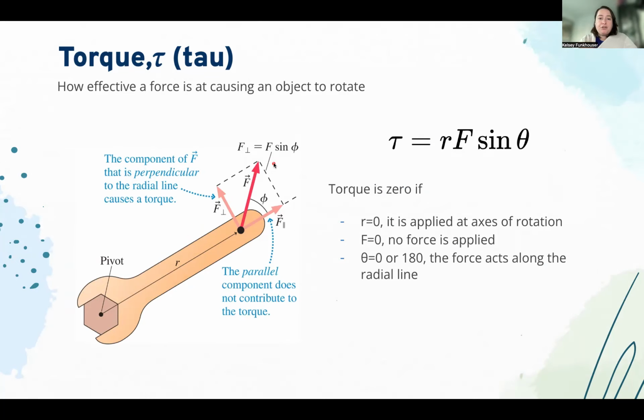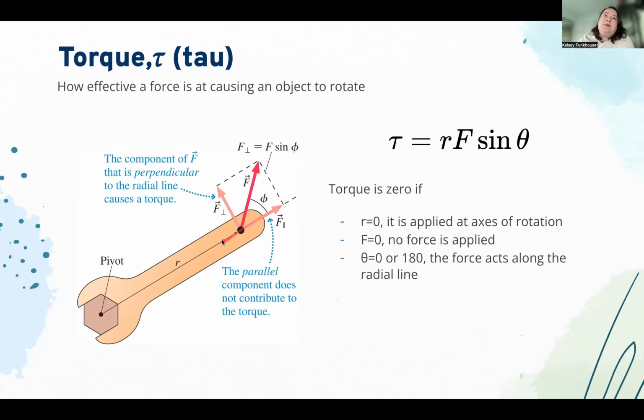So for this wrench, the radial line is the line from the pivot point to the point where the force is applied, and the force is applied at this angle phi. And the only part of the force that contributes to the torque is the part that is perpendicular to the radial line.